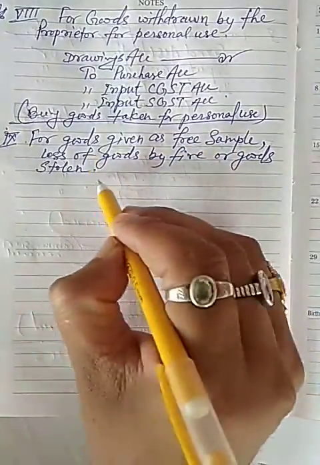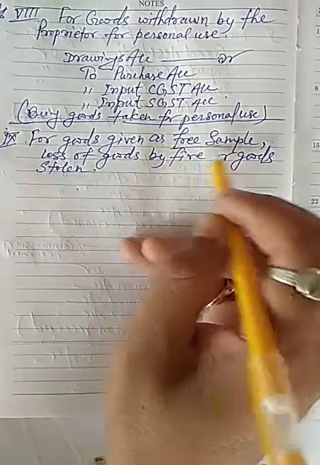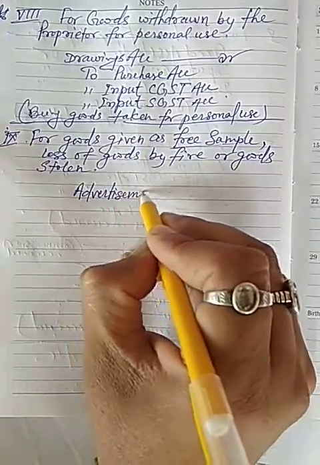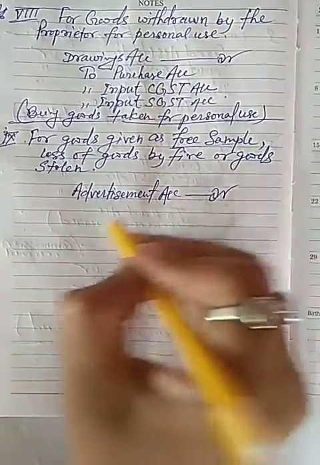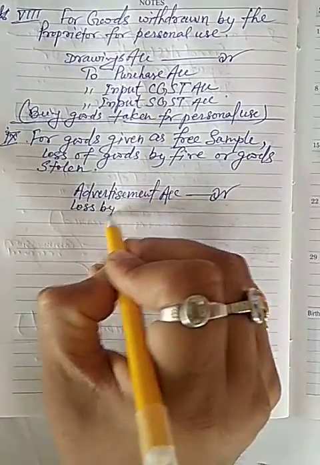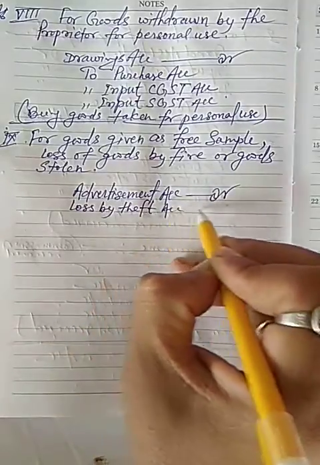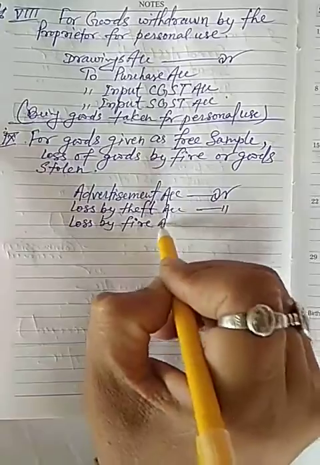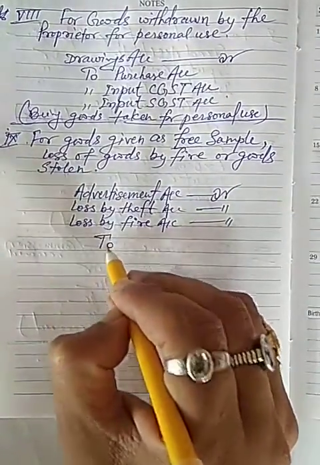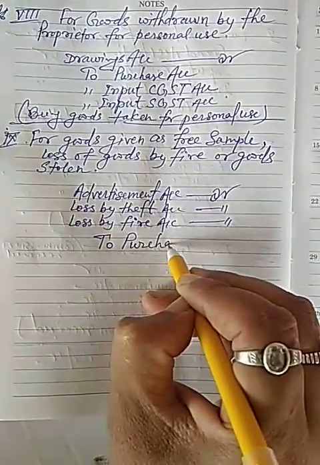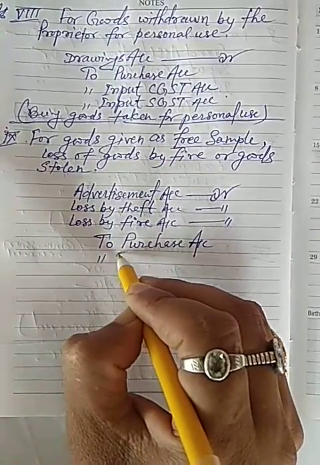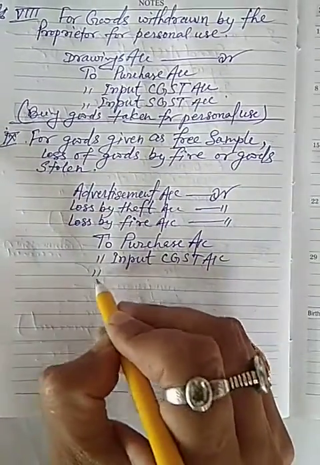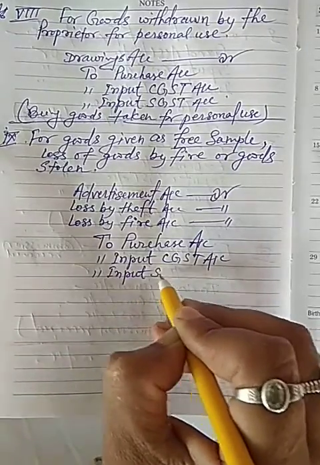So in this case, journal entry will be: for free sample, advertisement account DR, loss by theft account DR, loss by fire account DR, to purchase account, to input CGST account, to input SGST account.